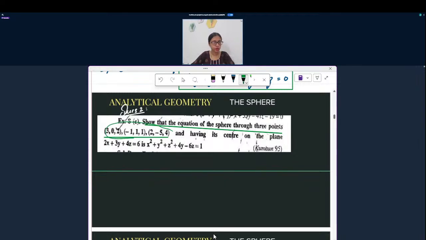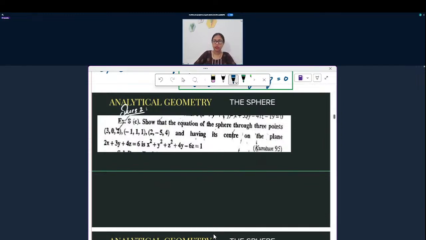If I have to find the equation of a sphere only through these 3 points, then it is not unique. But the fourth point is replaced by another condition, having its center on the plane. So forget about this extra condition right now. These three conditions will give me the values of u, v, w, and d.